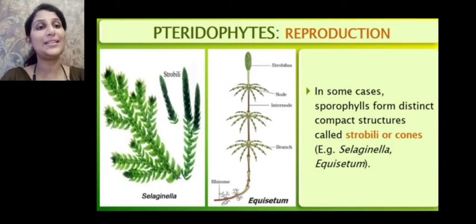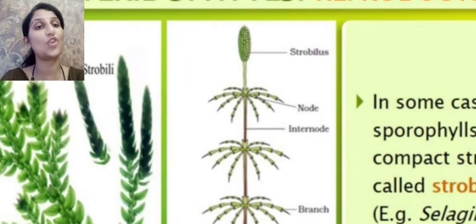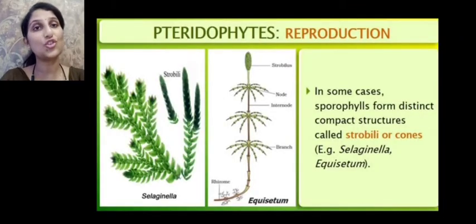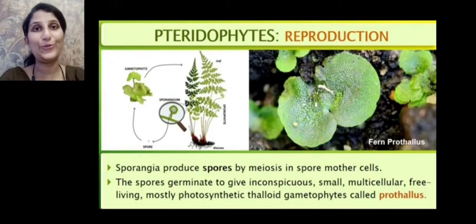In some cases, the sporophylls form distinct cone-like structures called strobilus or cone. Such a strobilus is seen in certain pteridophytes like Selaginella or Equisetum.